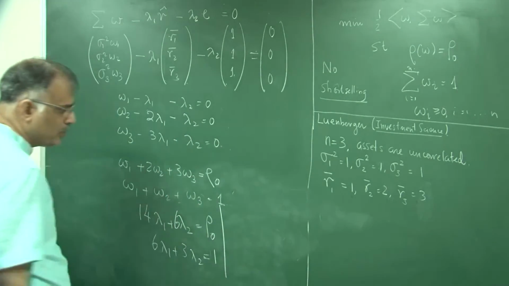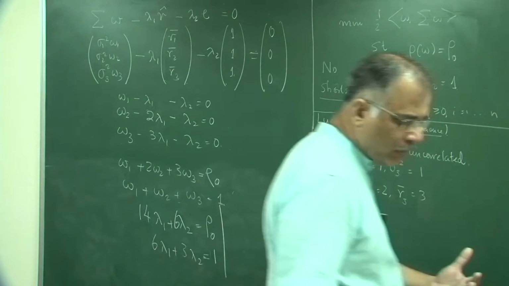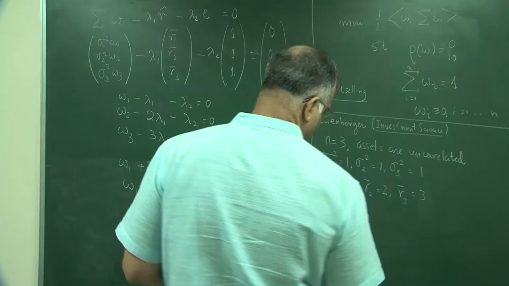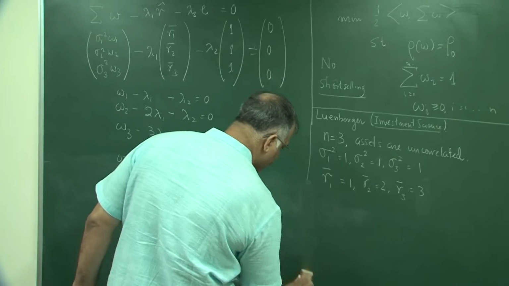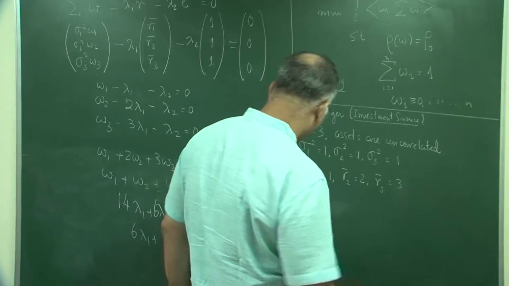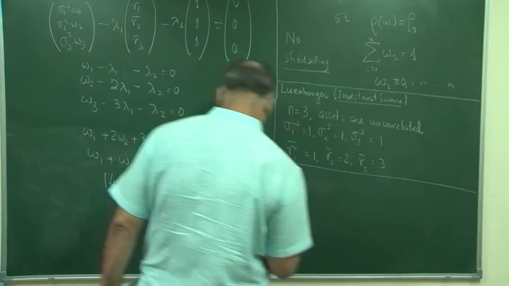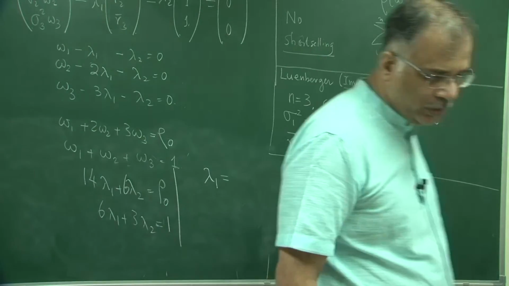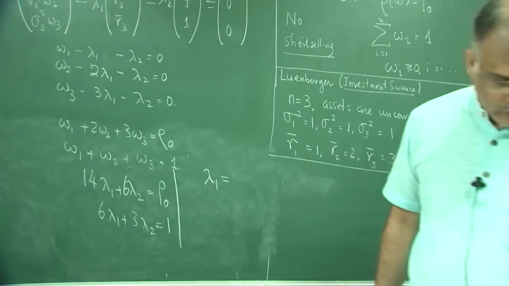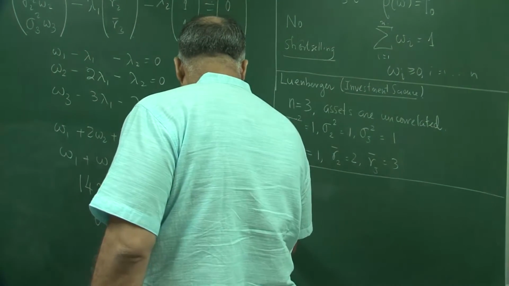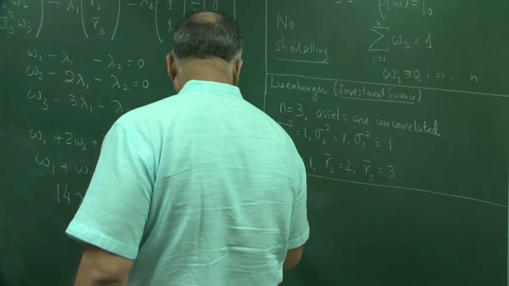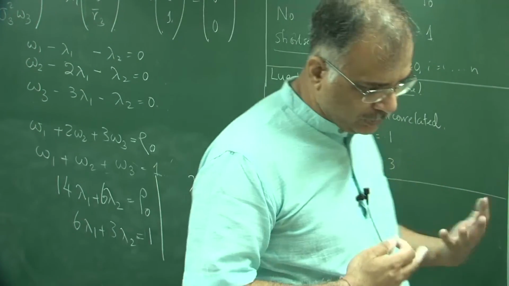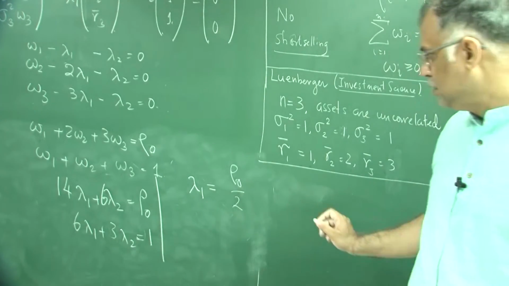So once this equation is done, then I can find out what is lambda 1 and lambda 2, and that is exactly what I want to now write down. So here I have lambda 1 which is equal to, so everything will come in terms of rho naught, the parameter, your expected return that you really want.